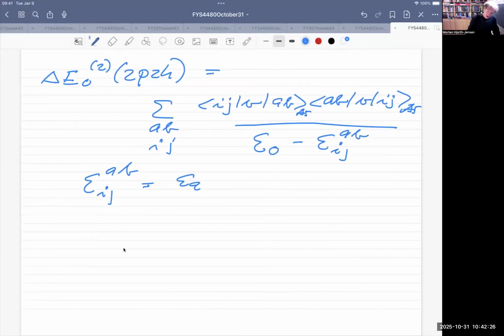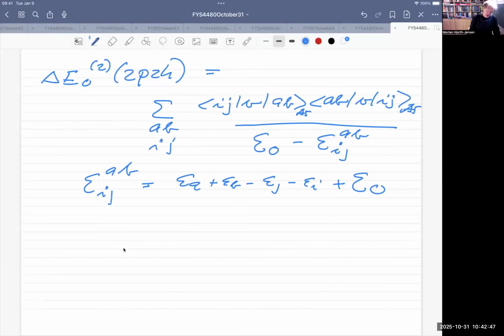So I have epsilon A plus epsilon B minus epsilon J minus epsilon I, because I'm taking away these hole states, plus epsilon 0. So when I plug that into the denominator, I'm going to simply get the difference between the hole states and the particle states.